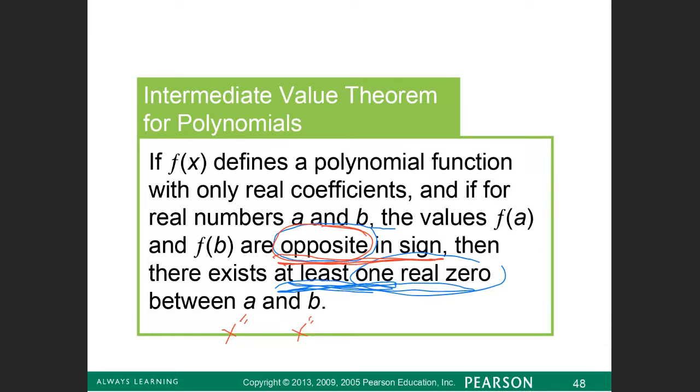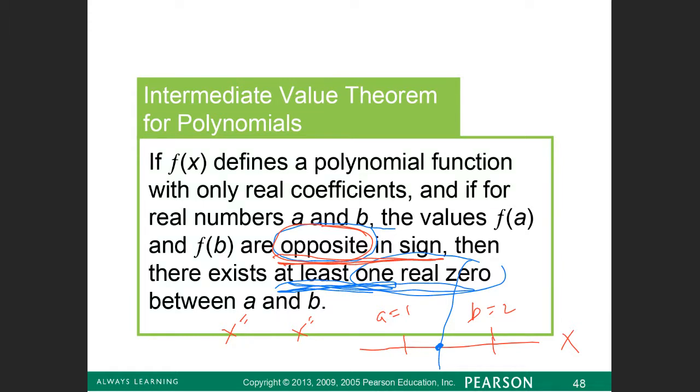This is an example. This is your x-axis, and let's say your a is equal to 1 and b is equal to 2. Let's say the curve actually is passing through here and there is a 0 in between 1 and 2.